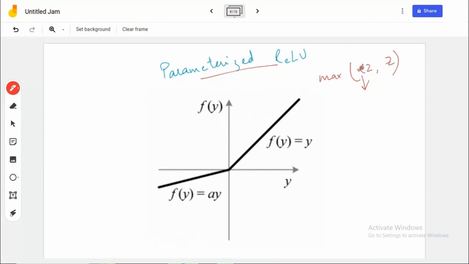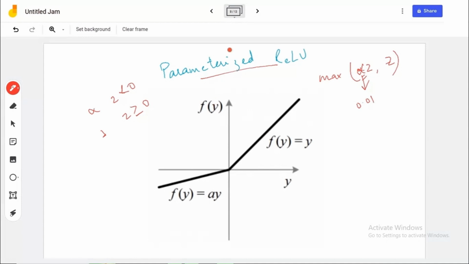So the model itself decides what is the best number to multiply with. This is very similar to leaky ReLU. If alpha becomes 0.01, this becomes leaky ReLU. And the derivative is alpha if z is less than 0 and 1 if z is greater than or equal to 0.